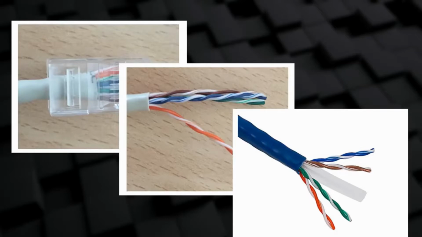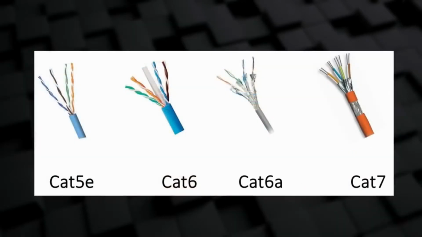Now I said that you will probably have 4 pairs. There wasn't always 4 pairs though. Older Ethernet standards, such as 10BASE-T and 100BASE-T, only needed 2 pairs. But to achieve 1 gig and 10 gig speeds, all 4 pairs are needed. Not only are there different Ethernet standards, but the cable itself has different standards.